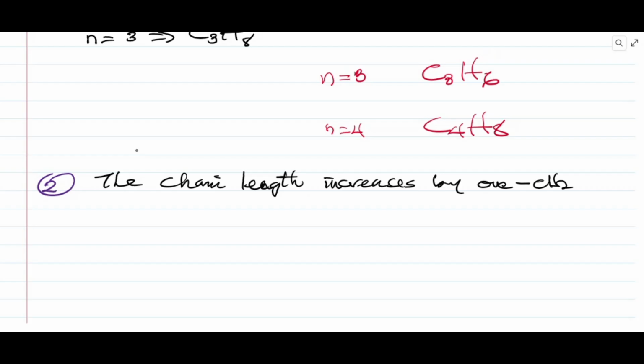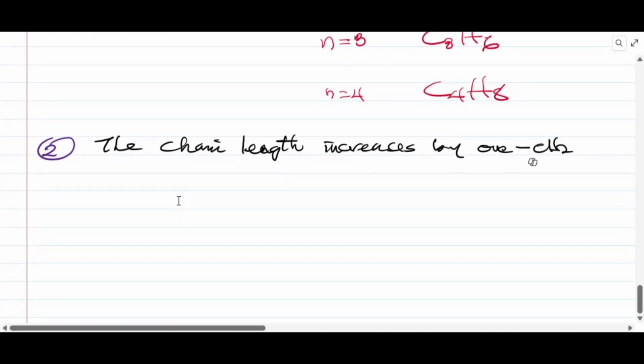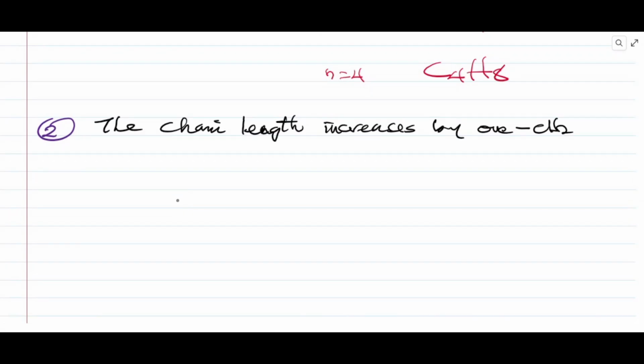So let us look at what I mean by chain length increasing by CH2. Let us take alcohol this time around. For the alcohol family, the first member is methanol, CH3OH.